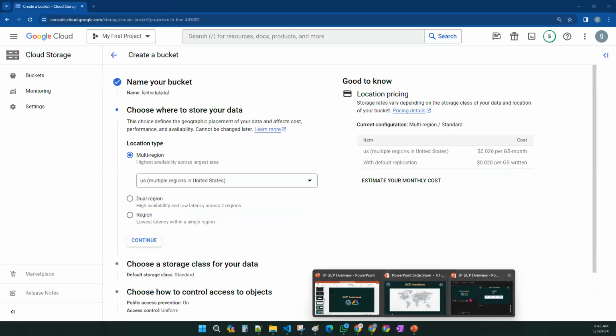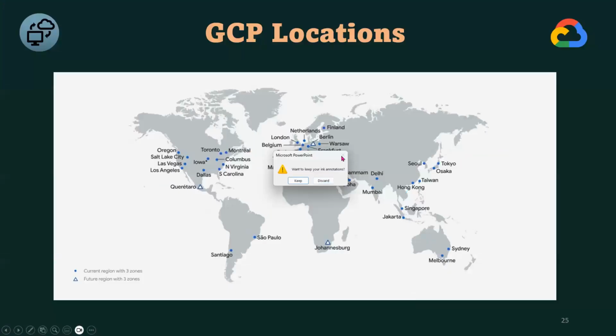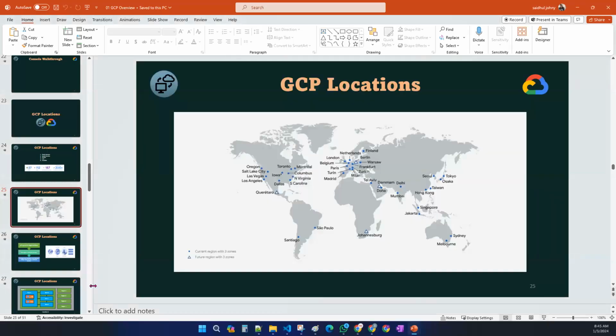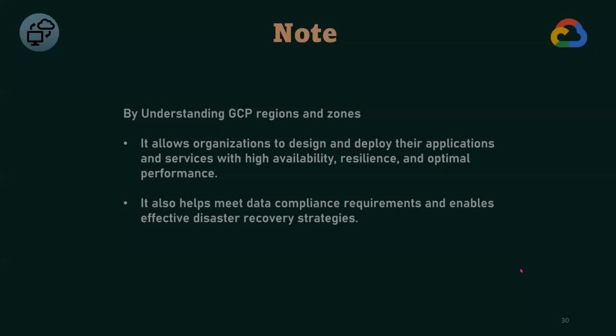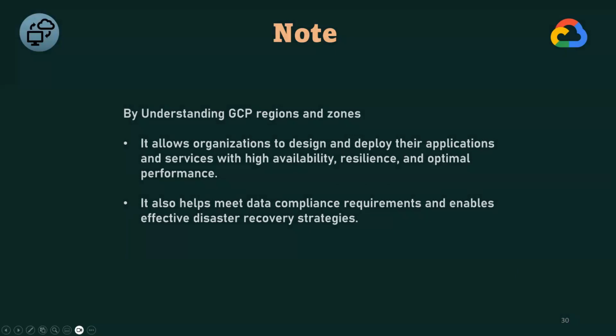And finally, the final point is about understanding GCP regions and zones. Can you tell me what we have understood? If organizations want to design and deploy their applications and services with high availability, resilience, and optimal performance, they have to select a proper location, region, and zone.